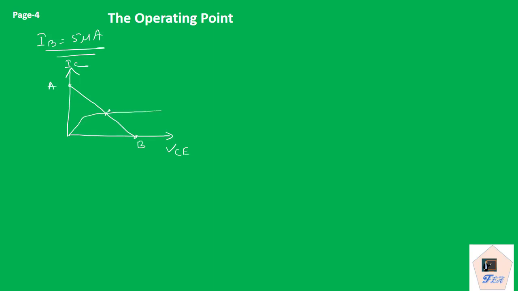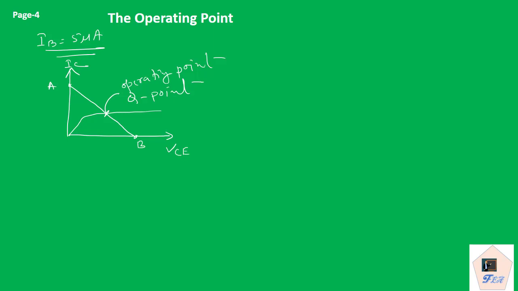Wherever this line intersects the DC load line, that is what we call the operating point, or very popularly the Q point, quiescent point, or silent point. So under zero signal condition, we obtain this.